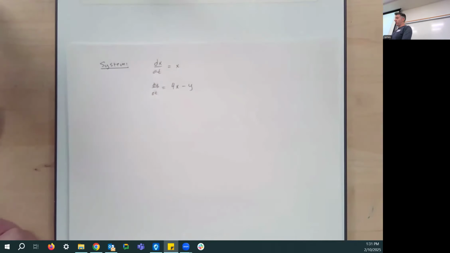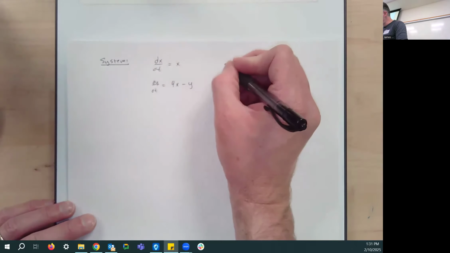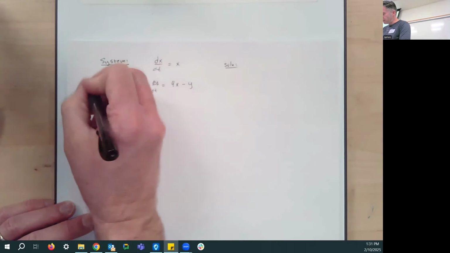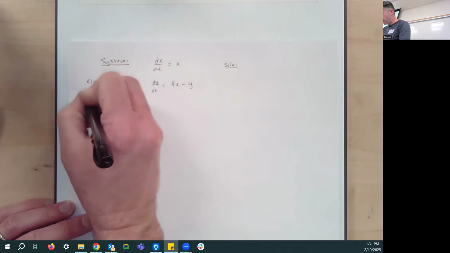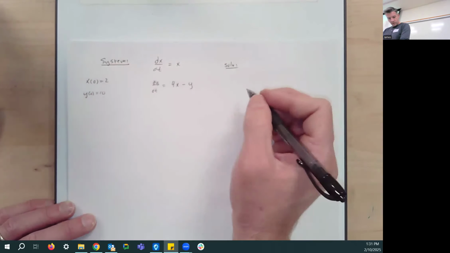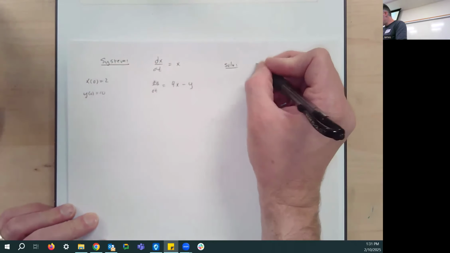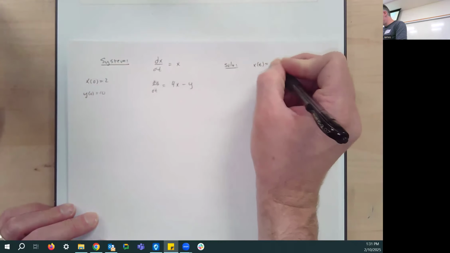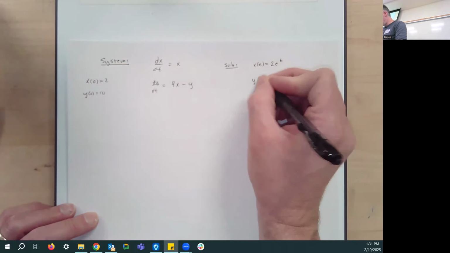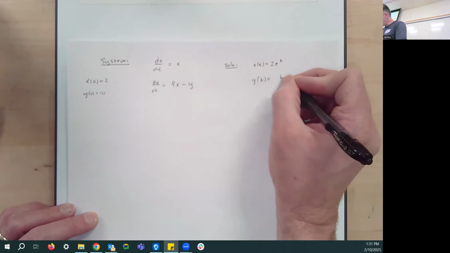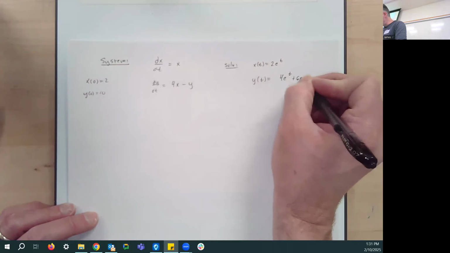That was our system to start off with. With x of 0 equal to 2 and y of 0 equal to 10, our solution that we just found is x of t equal to 2 e to the t and y of t equal to 4 e to the t plus 6 e to the negative t.